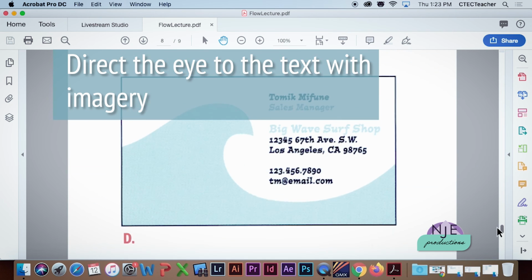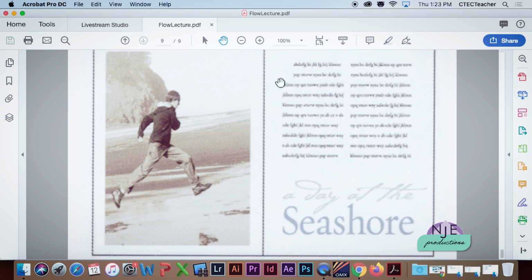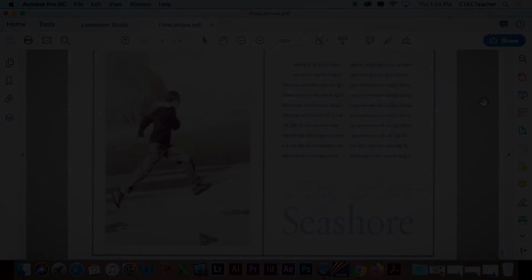Encompassing and framing the image with the text. Making the movement of the image go towards the text. So all of those strategies are something to think about when you are arranging text and image in your layouts for your flyer or any design layout. All right? So that is a wrap on that one.